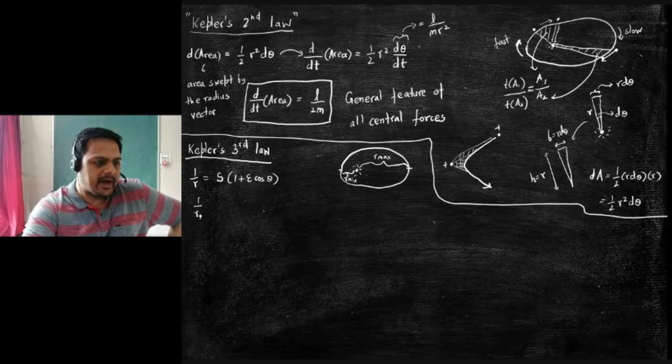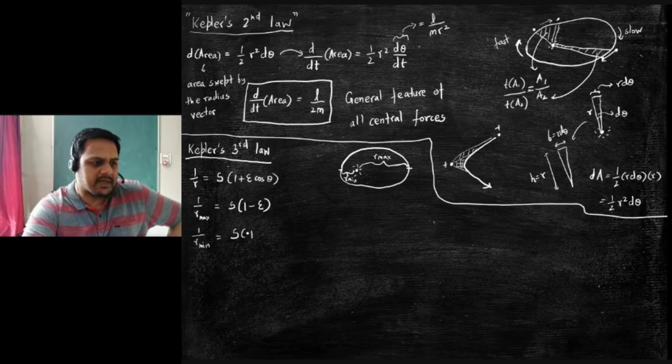What will be 1 by r max? 1 by r max will occur when this has the least value. That happens when cos theta equals -1, and 1 by r max is s into 1 minus epsilon. Similarly, 1 upon r minimum will be s into 1 plus epsilon.